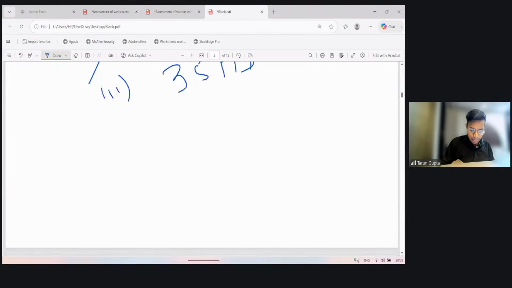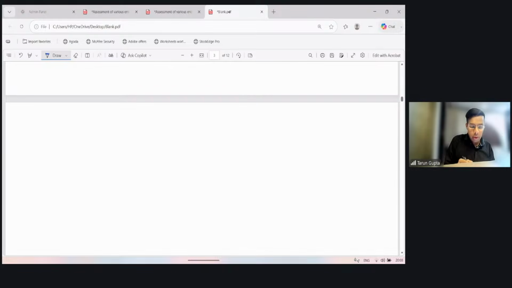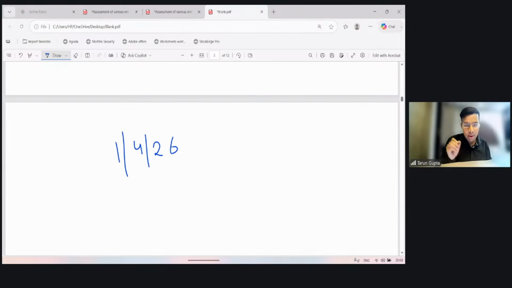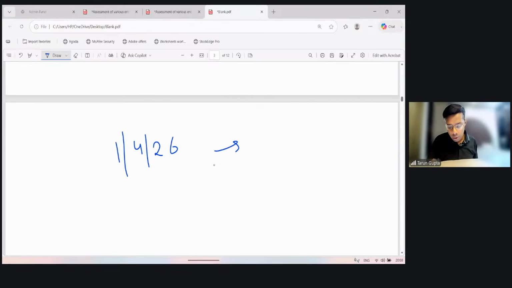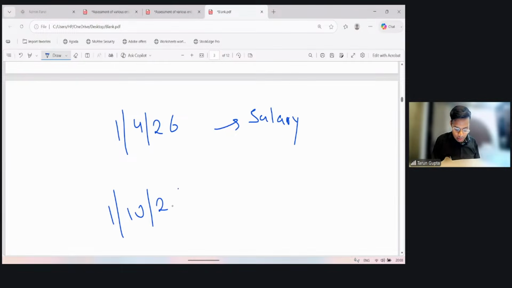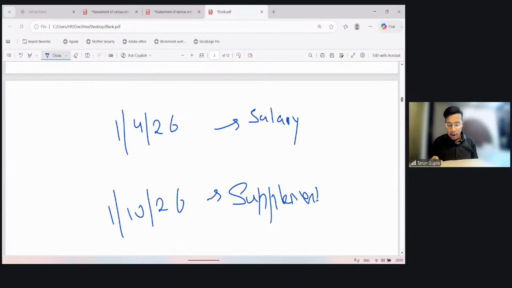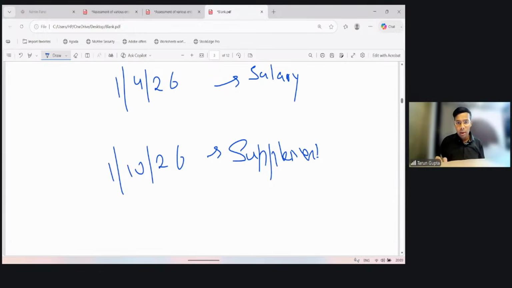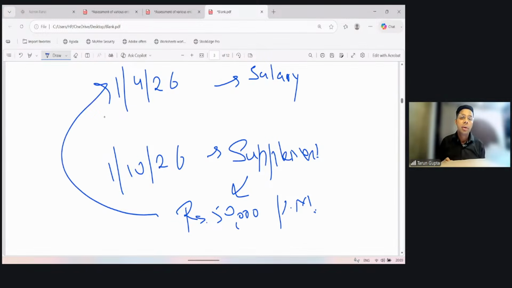There is a partnership deed entered on 1st April 26, which is silent in respect of salary to partner. Now, on 1st October 26, the partners enter into a supplementary partnership deed. And this supplementary deed says that the partner shall be paid a salary of, say, 50,000 rupees per month with effect from 1st April 26.